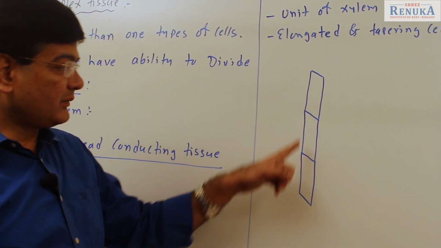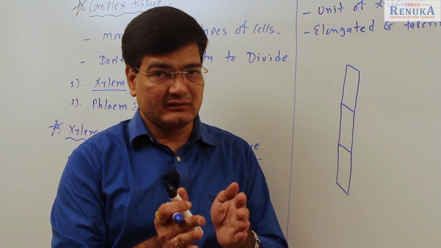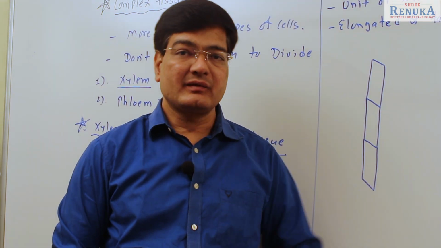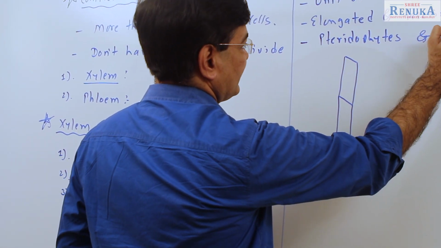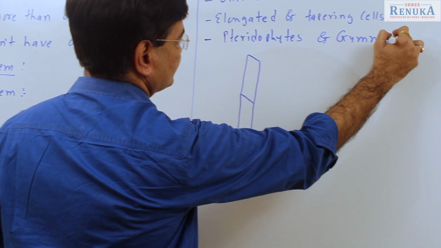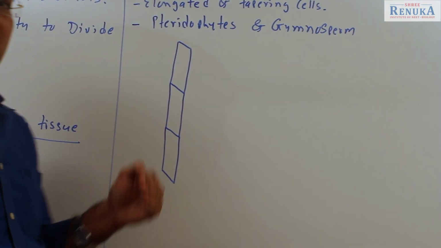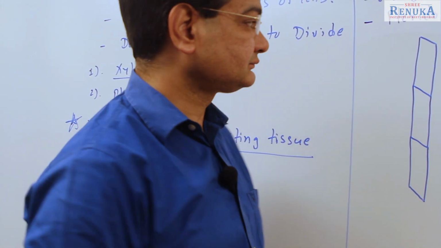Due to the inner deposition, the protoplasm dies and an inner cavity is present. Tracheids are found in the primary kind of xylem, found in pteridophytes and in gymnosperms. The ability of water and mineral conduction is less compared to vessels or tracheae.